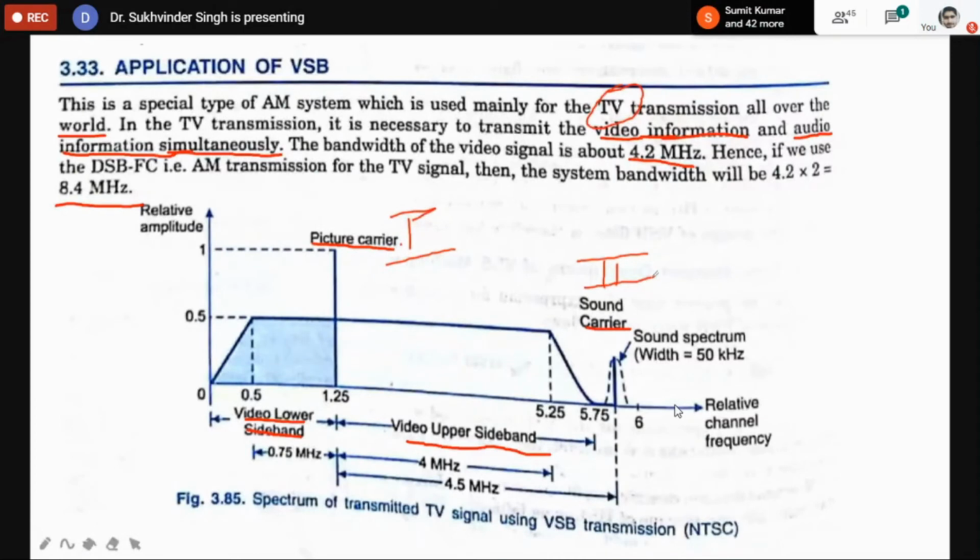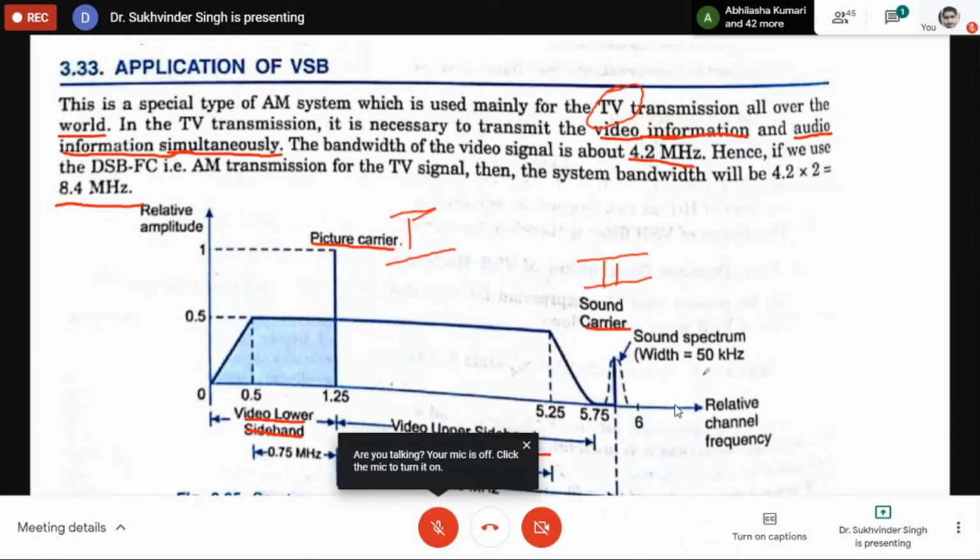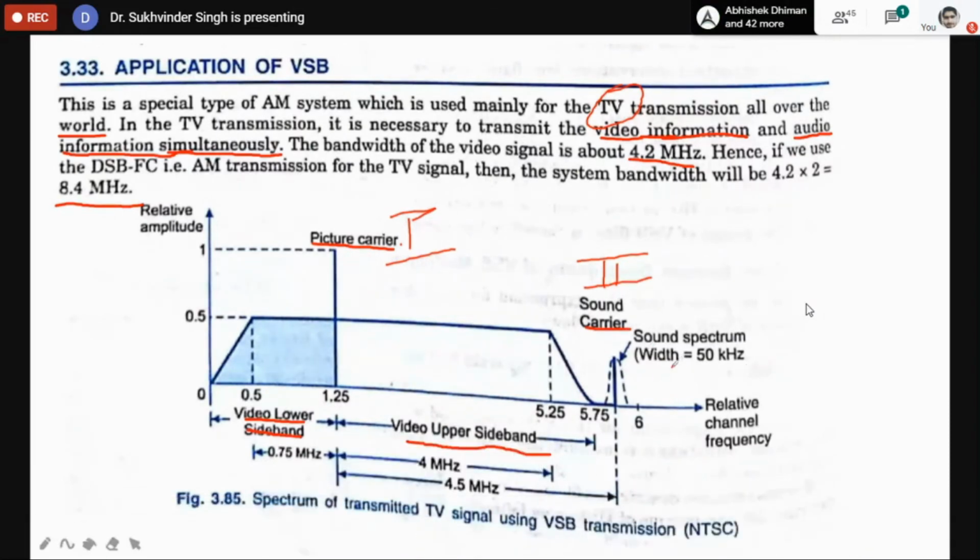This is the main difference between the other methods and vestigial sideband: it is capable of sending two types of signal. The picture signal has a frequency range up to 1.25 megahertz, and the sound frequencies are around 50,000 hertz. Although the sound frequency ranges from 0 to 20,000 hertz, they are superimposed on a high frequency carrier, so their frequency range is higher.